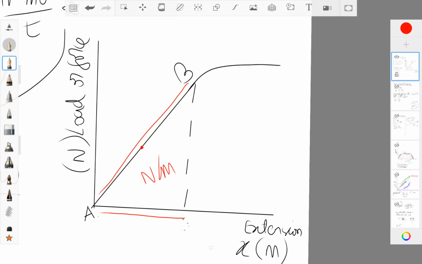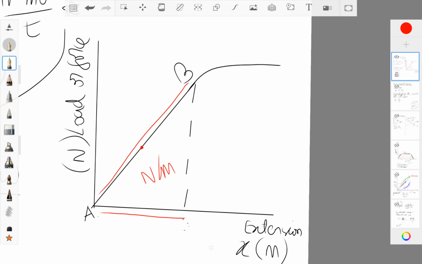I mentioned the proportionality limit, or the limit of proportionality. I showed you how to identify it on the graph. Now there's also something called the elasticity limit. Technically speaking, the proportionality limit is the point where Hooke's law is no longer obeyed.